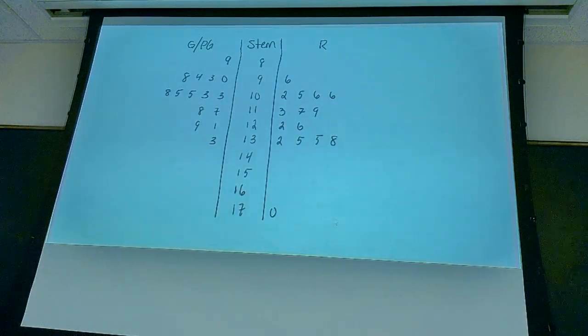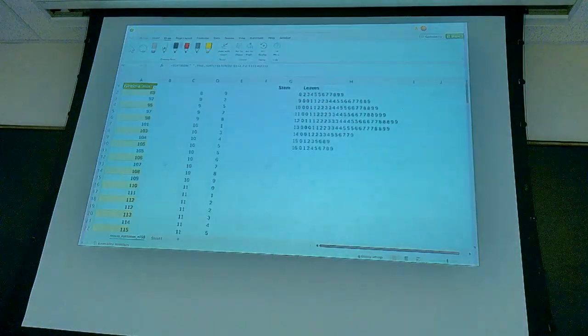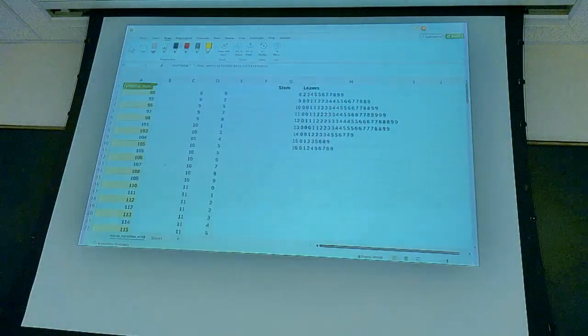So also try and keep that in mind when you're doing it by hand. With technology, Excel does it automatically for you because it does it nicely. So when we're doing it by hand, just make sure to try and keep them lined up.